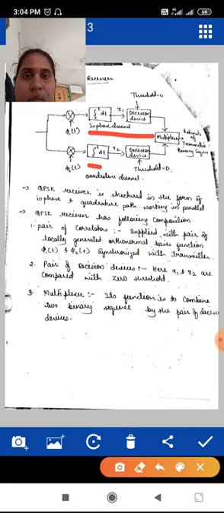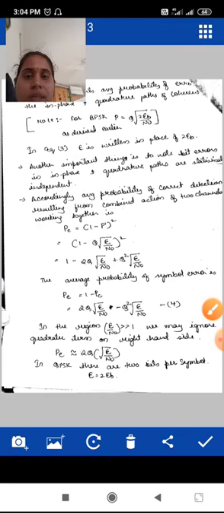We can see this is one channel, and this is one channel. The probability of error with respect to this channel is Q of root of E by N naught, and here again it is Q of root of E by N naught. So the probability of correct decision is 1 minus P dash, the whole square. Now what is P dash? With respect to only one channel, it is 1 minus Q of root of E by N naught, the whole square.